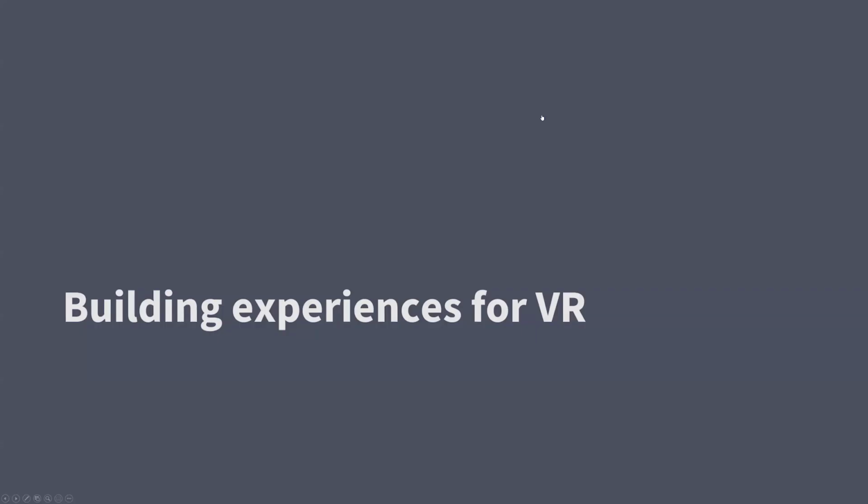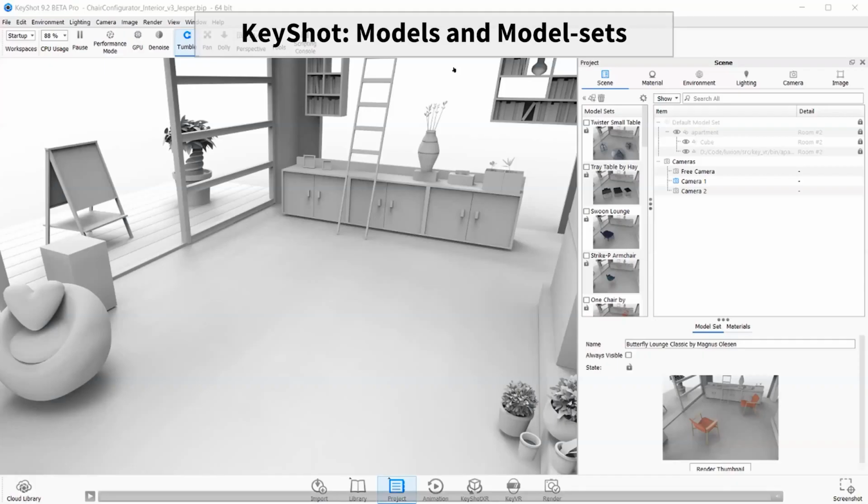So how do you then build experiences for virtual reality, using KeyShot first to set up your scene and then click to go into VR? The way you can do this is to use some of the elements that are available to you in KeyShot.